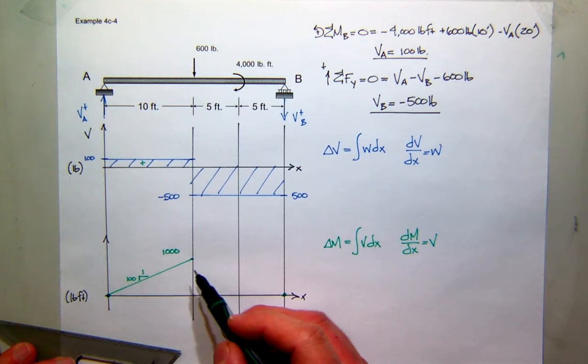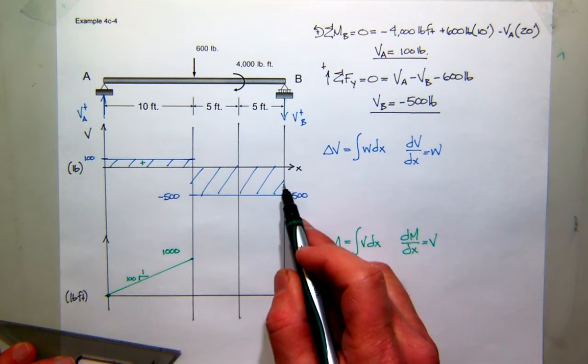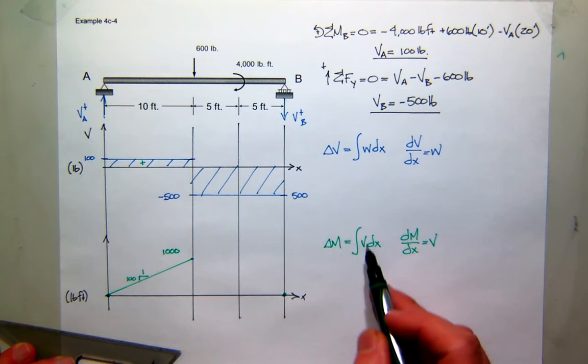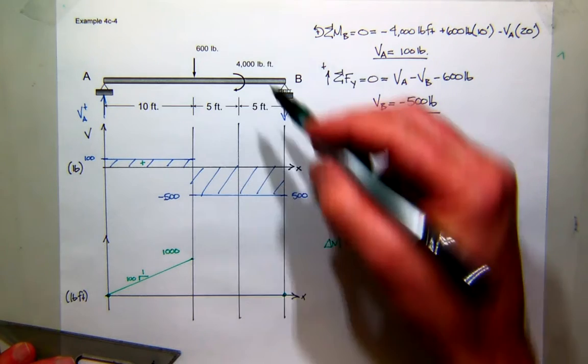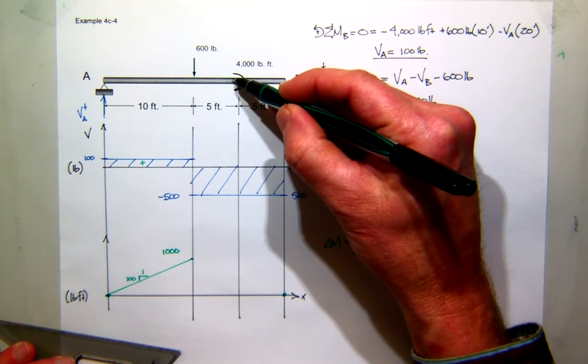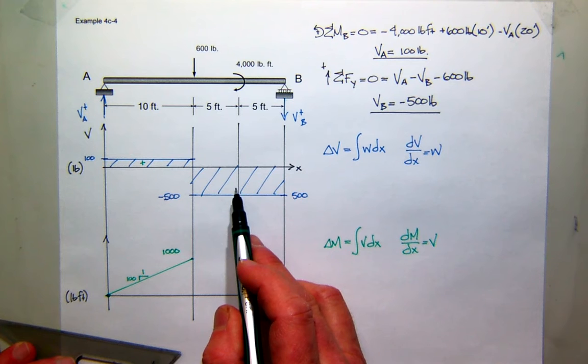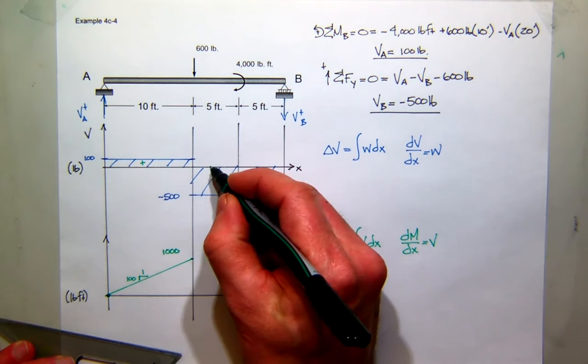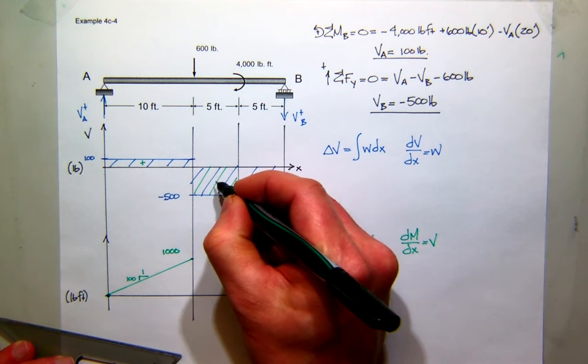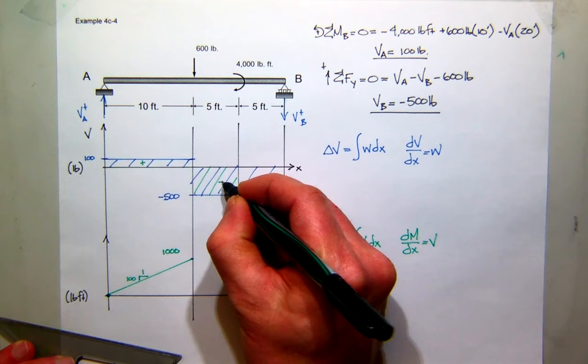Now I can't just go ahead and do all of that, the area of the shear diagram, and add it to here because I've got a point. So with that, I'm just going to look at first just the first area. So I'll kind of sketch that in like that. Now that's going to be negative, right?